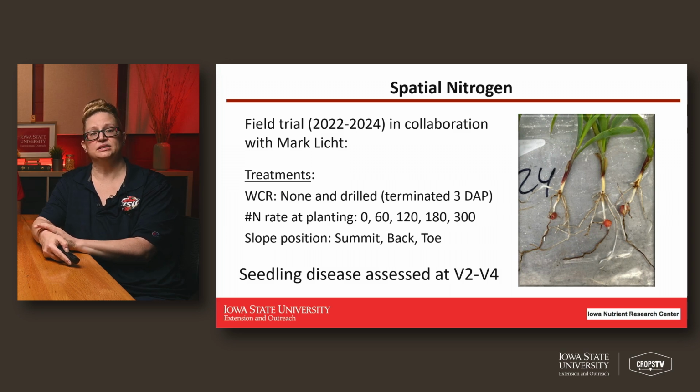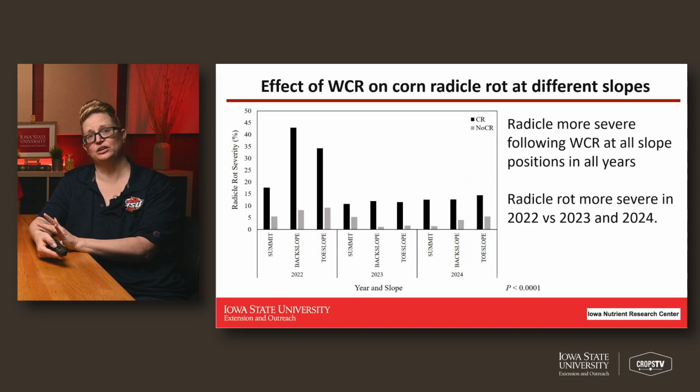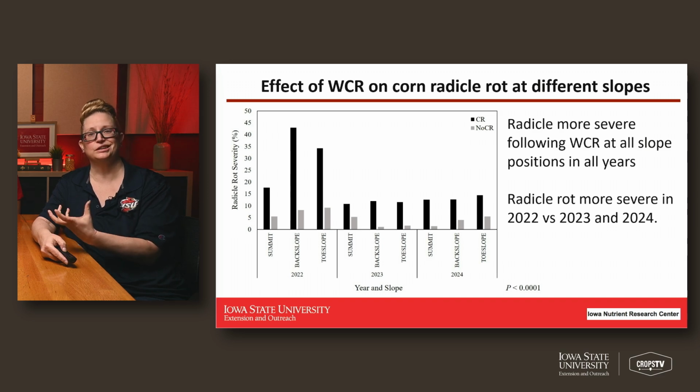And then what we did is we sampled corn seedlings at V2 to V4 corn growth stage to assess for seedling disease. And what we found was, when we looked at if there was an effect of winter cereal rye on radicle rot of the corn seedling root system, just looking at the radicle and different slopes, that the radicle rot was more severe following the cover crop, following the cereal rye, at all slope positions.